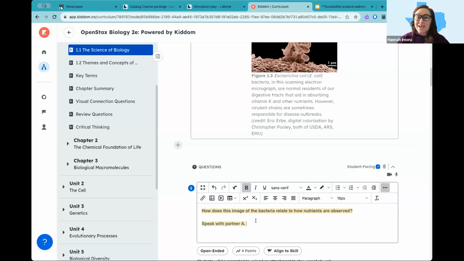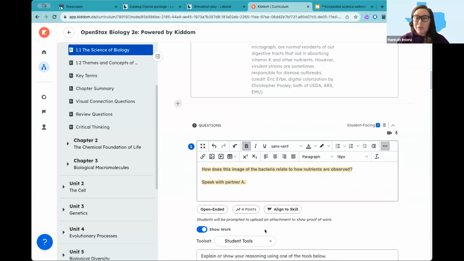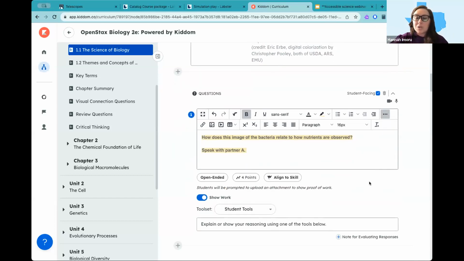Or I could even say, hey, I want you to record a video of yourself in a peer-to-peer situation, answering the question and describing it to your peer, and upload that as proof of, again, TEK mastery. We are able to, again, personalize it and provide umpteen different options compared to your normal just multiple choice, short answer, fill in the blank. We're able to, again, really create and personalize any of the curriculum on the Kiddom platform.